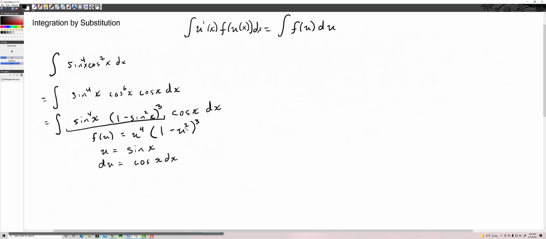So how can we rewrite that? Well, we've got a u squared out here, and we also have a 1 minus u squared in here. We could just expand this, and maybe that's the smartest thing to do. So let's just try that. Cubic polynomials are not that hard.